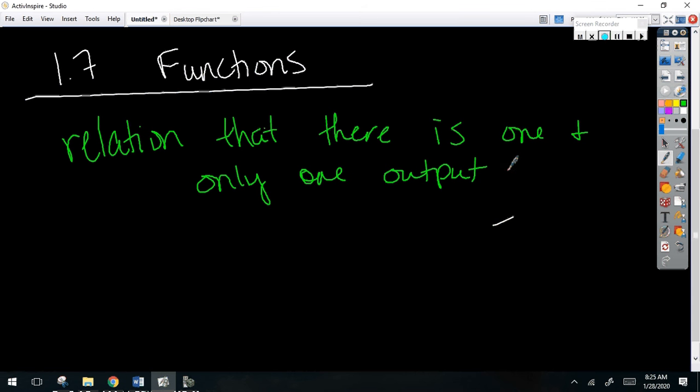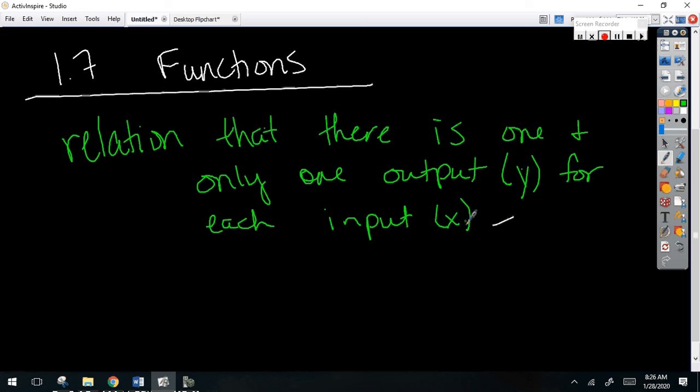Output is what? Which variable? Output, y. For each input, which is x. Okay? So that's kind of wordy and confusing. That's why I was sitting here thinking, how can I word it for you exactly right?